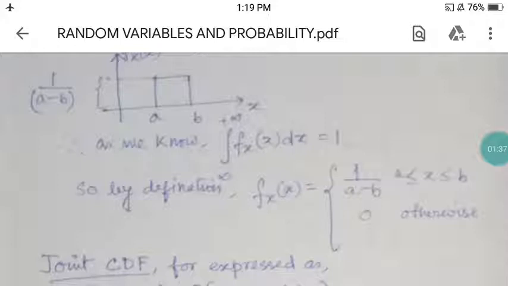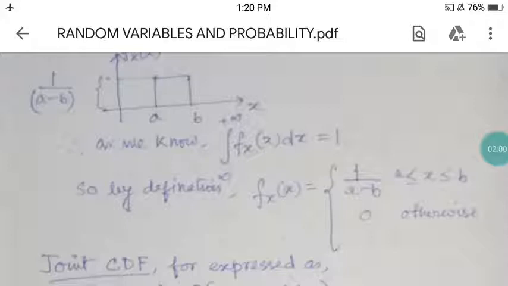So it is ranging between a to b; otherwise it doesn't have any interpretation. So the small f of x, by definition, equals 1 by (b minus a) if it falls in the range a to b, otherwise it is 0. So this is the case of a single PDF.